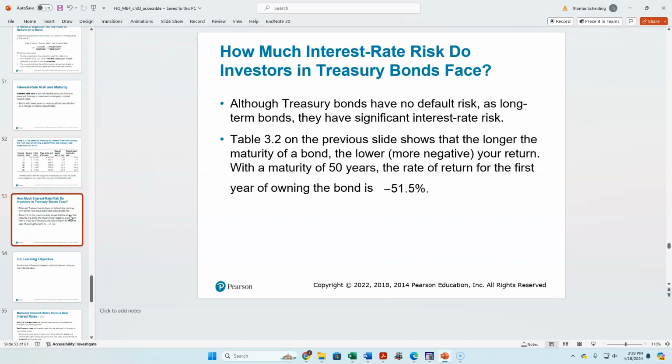We'll look at this in later chapters, but this is exactly what caused the banking mini crisis that we had last March, where Silicon Valley Bank failed because they bought all these treasury bonds at rather low interest rates. And even though the losses were unrealized, they were forced to account for these very significant unrealized capital losses as interest rates went up.